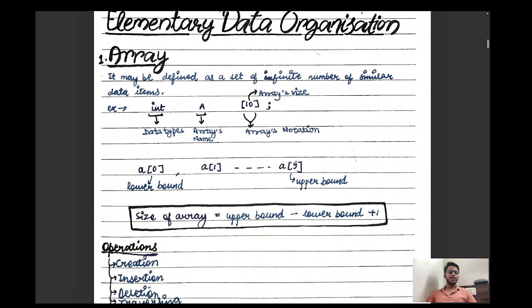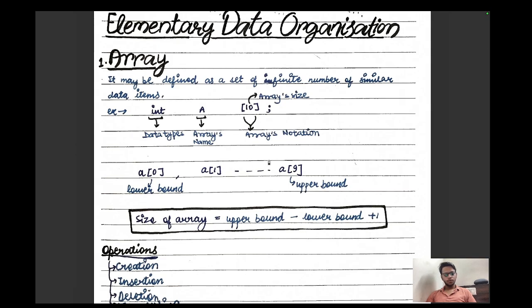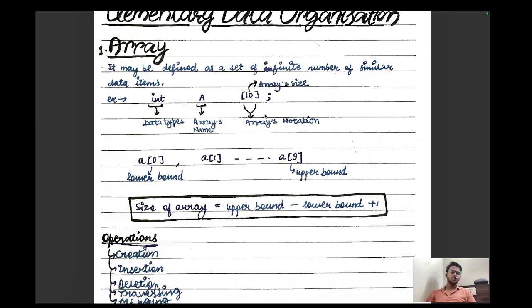An array can be defined as a set of finite number of similar data items. Correct. To denote an array, we denote any name to that array, for example A, B, C, D, or anything like that.